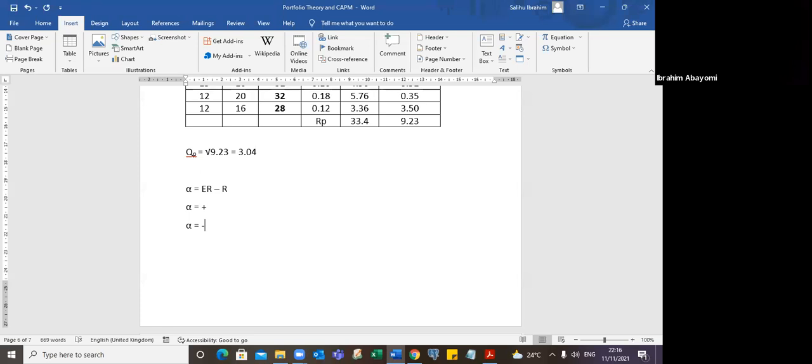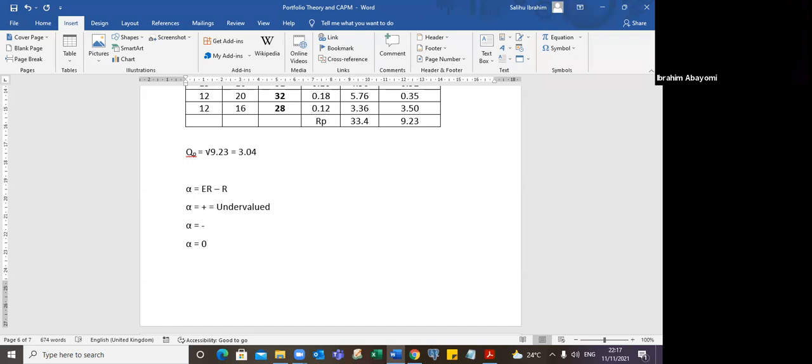Number three, if your alpha value is equal to 0, it's not positive, it's not negative, it is 0. Now, that will be interpreted to mean that the security is what? Is correctly priced. Let me put this one there. This one is undervalued.